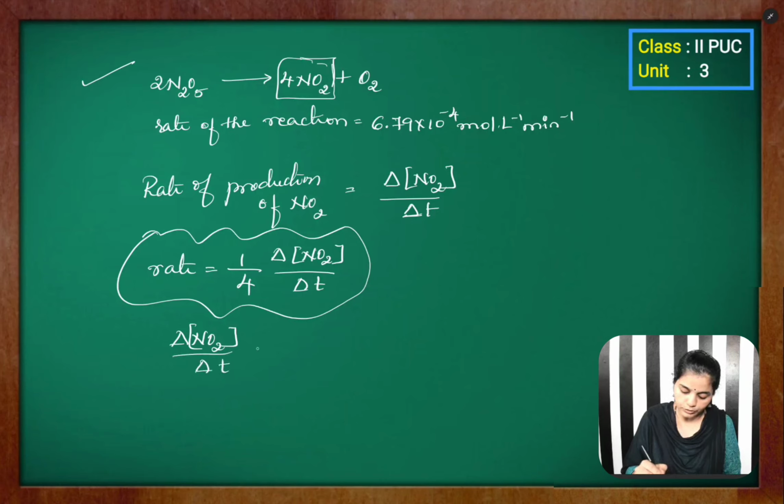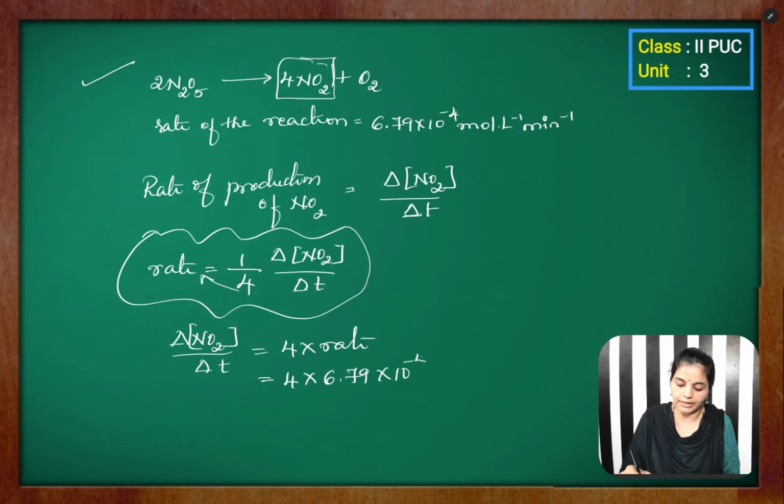So this is equal to 4 into rate. We have calculated the rate of the reaction, that is 6.79 into 10 to the power minus 4 mole per liter per minute. So multiplying it by 4, we will get the rate of formation of NO2.